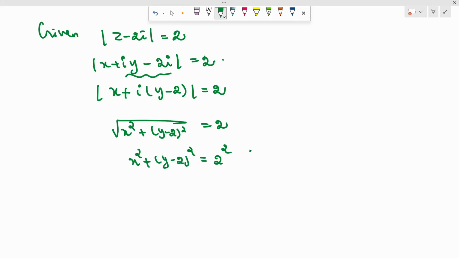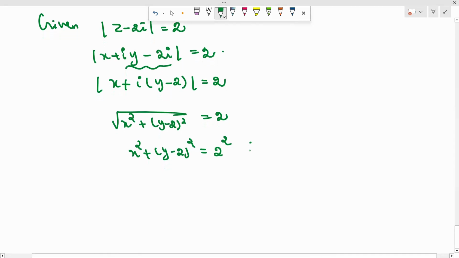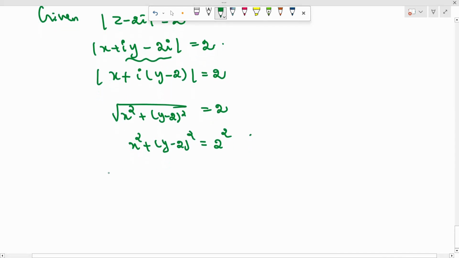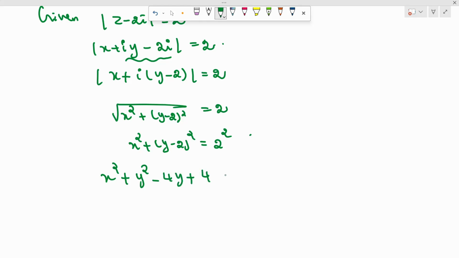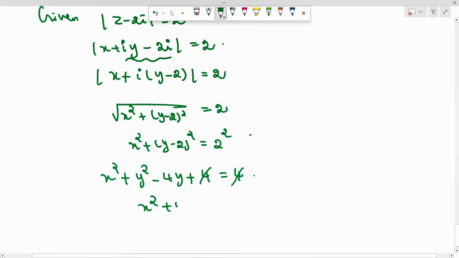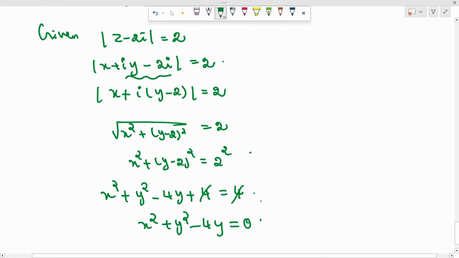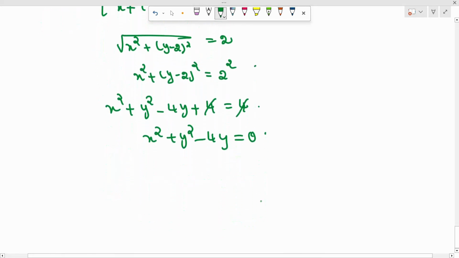Squaring on both sides we will get this equation, and then we can write x square plus, if we expand this one, y square minus 4y plus 4 equal to 4, and also we can write, if we remove this, x square plus y square minus 4y equal to 0. Okay, this is our given z plane image.